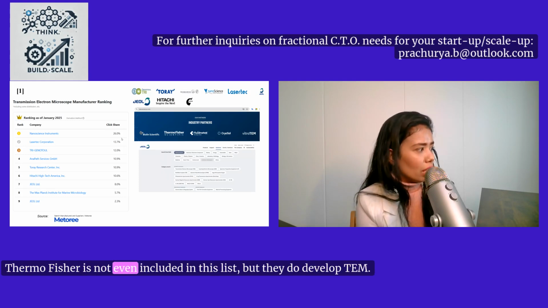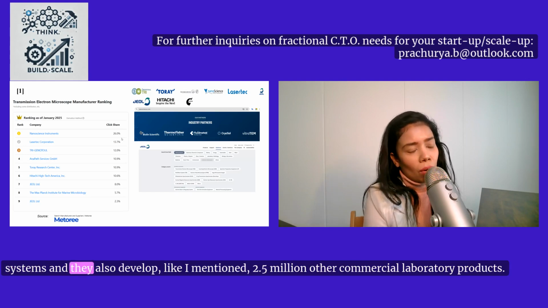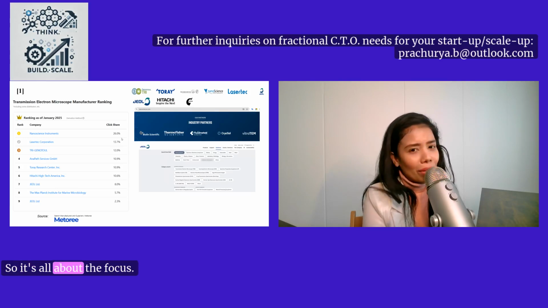Thermo Fisher is not even included in this list, but they do develop TEM systems, and they also develop, like I mentioned, 2.5 million other commercial laboratory products. So it's all about the focus.